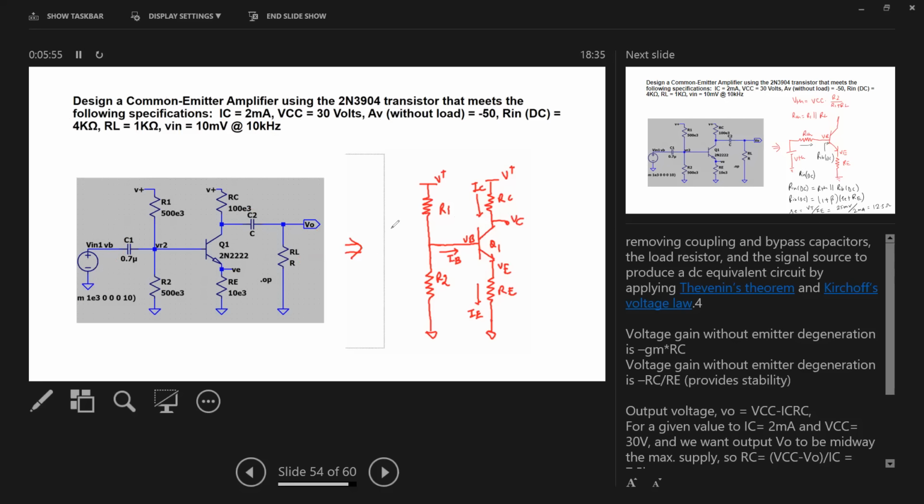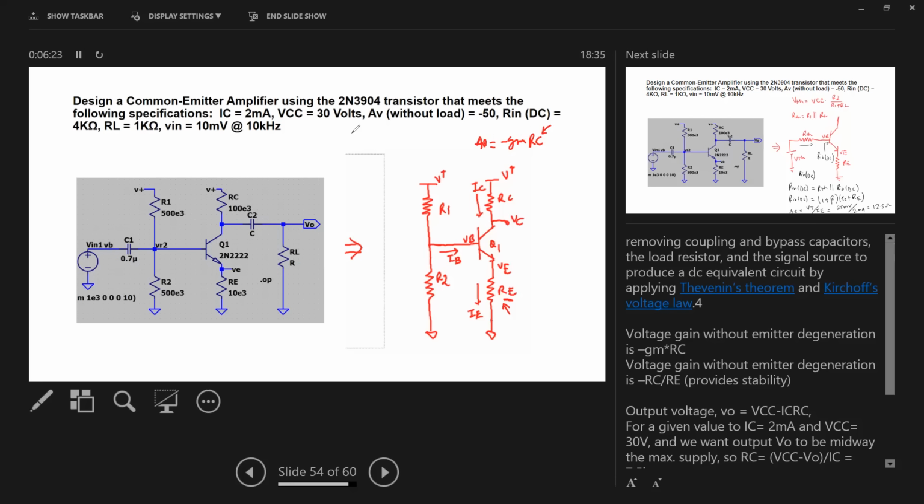So we know that the voltage gain without the emitter degeneration resistor right here is given as minus GM times RC. And as in previous discussion, we've seen that the gain is primarily set by the value of the resistor RC.